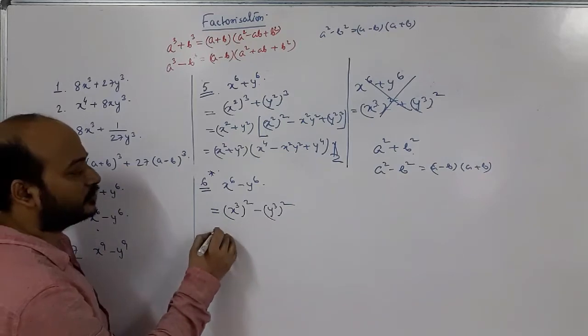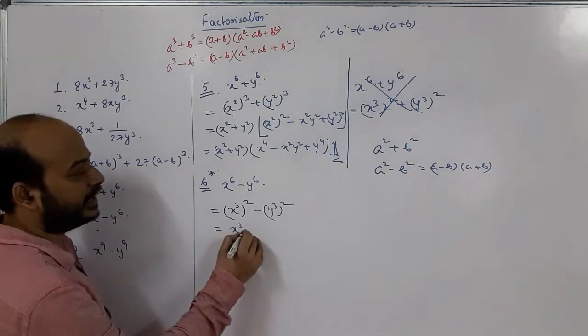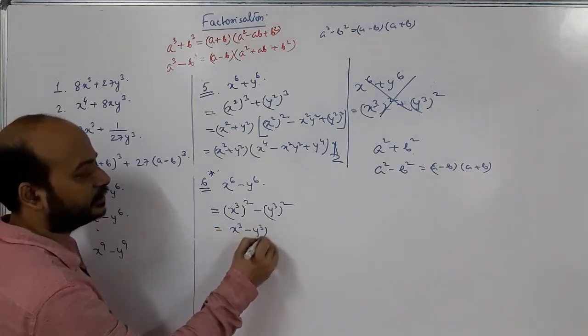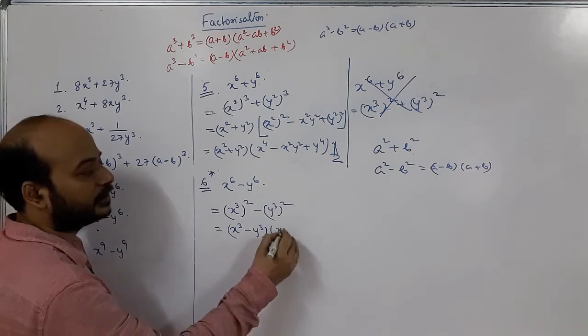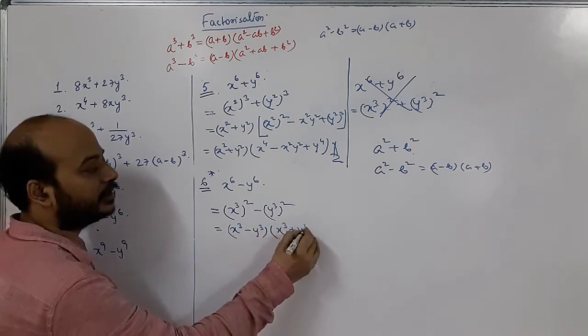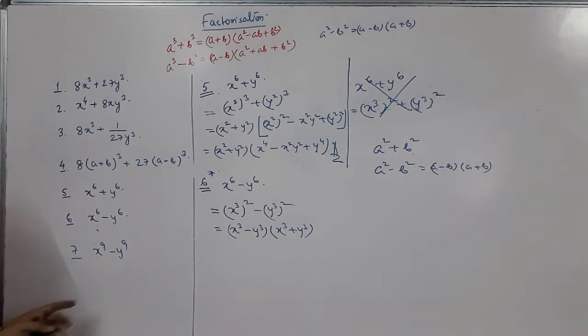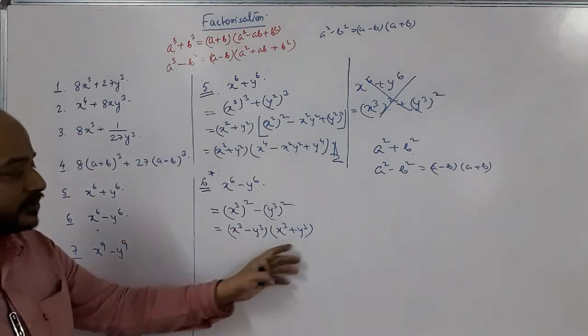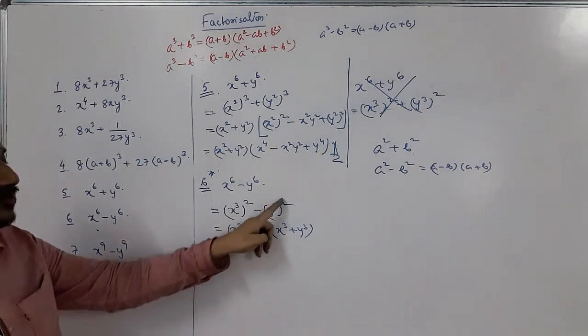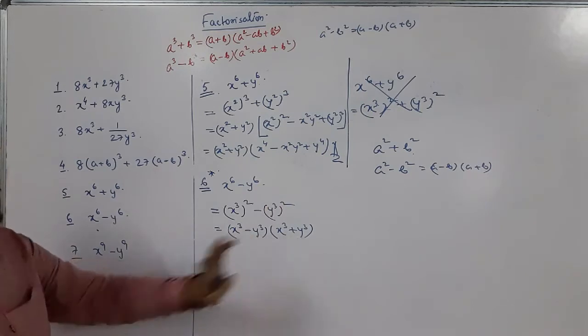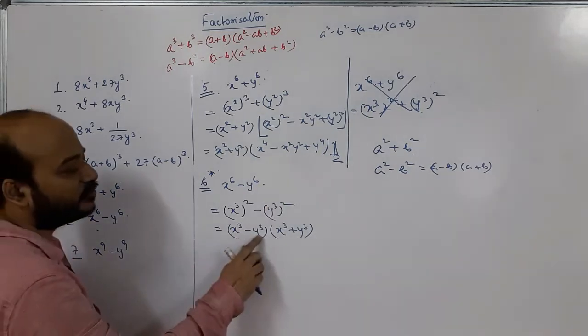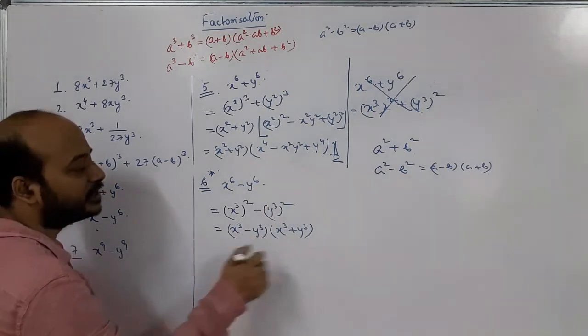Understand? So what I will write here, a minus b and a plus b. Okay, now you can say it's very simple. First we have broken into a square minus b square form to get a minus b and a plus b, and now we can use simply a cube minus b cube here and a cube plus b cube here.